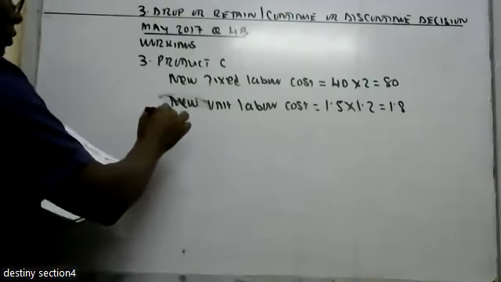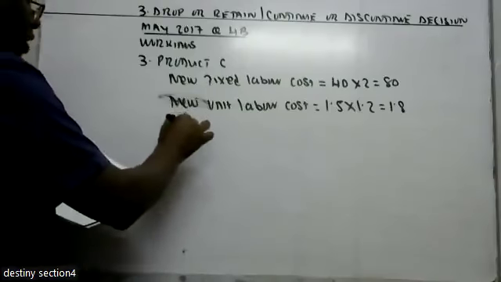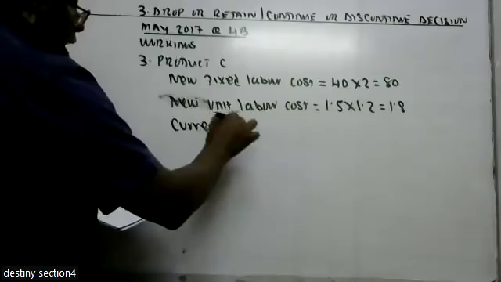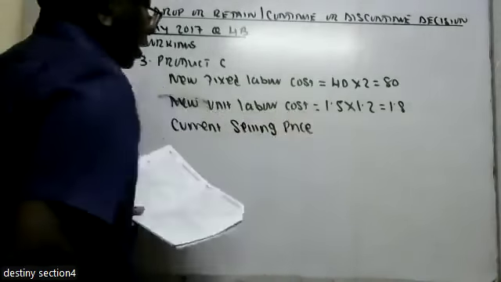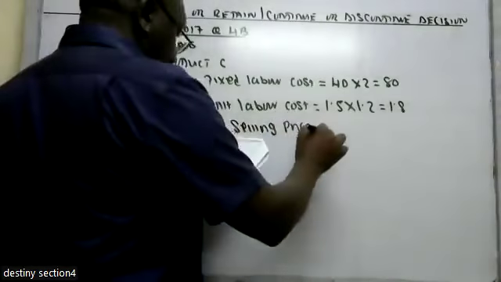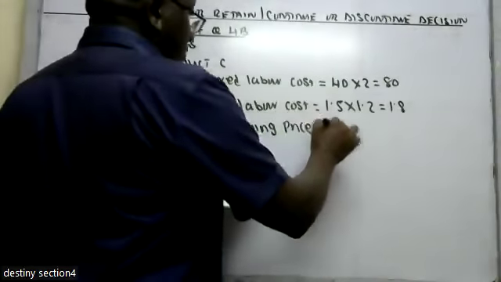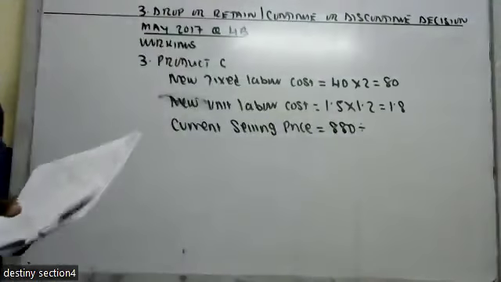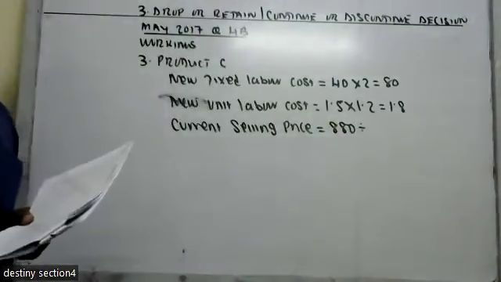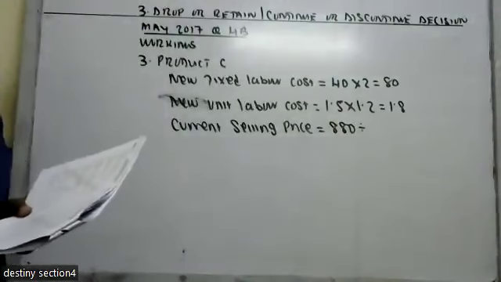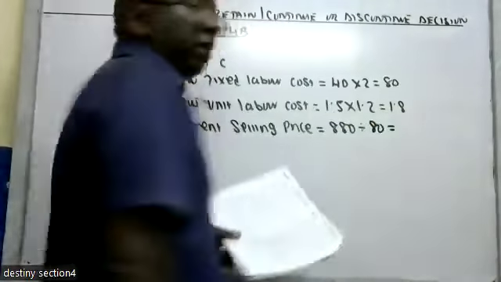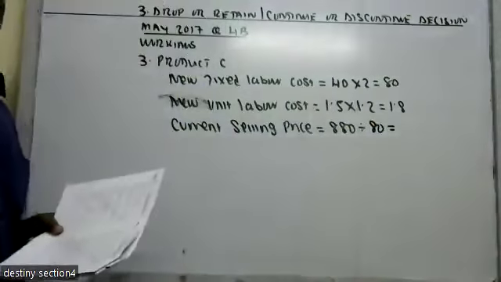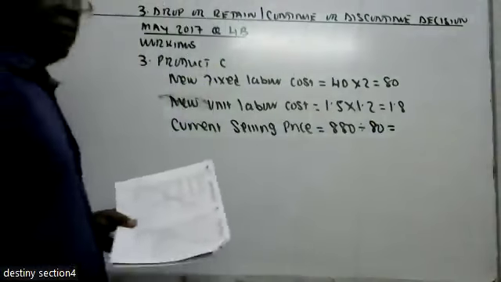so we have current selling price. Current selling price is unaangalia pale kwa revenue. We are currently making a revenue of 880 for product C. So if you divide by 8 the units that have been sold, you're able to know the selling price currently in ngapi? 11.